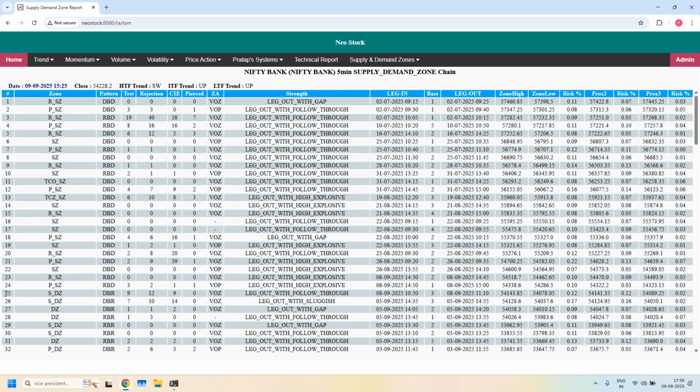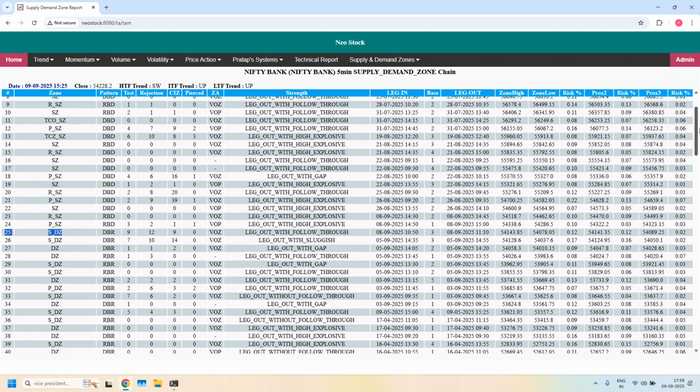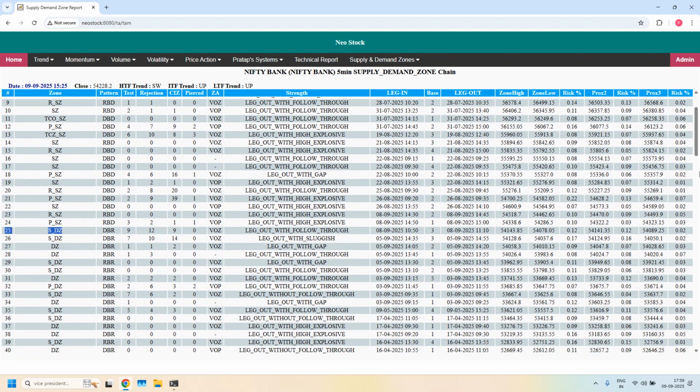And the nearest demand zone to the current closing price, serial number 25. I'll put it in the middle of the page. So this is Bank Nifty supply demand zone chain report. We have completed both Nifty and Bank Nifty supply demand zone chain reports.